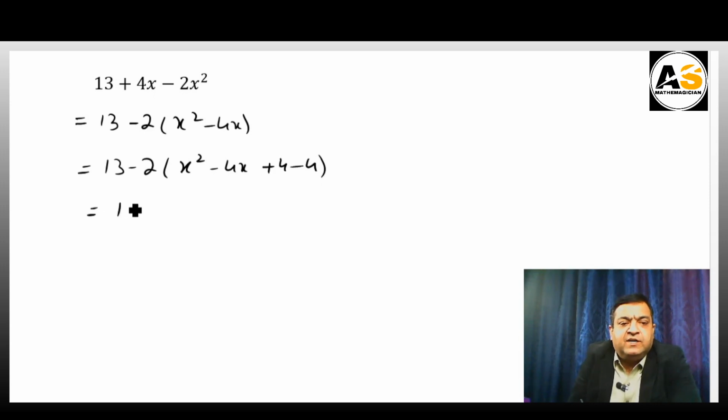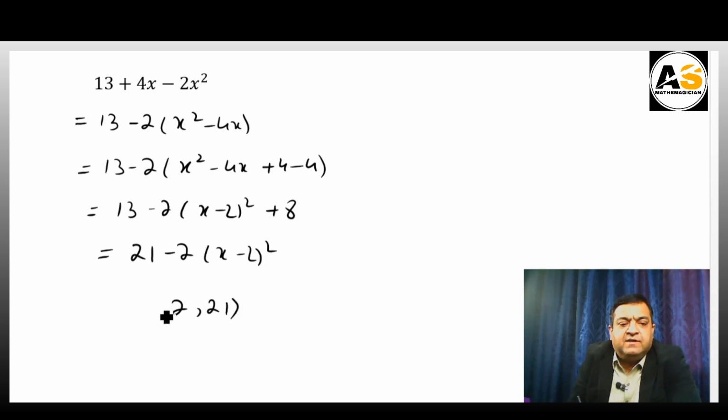First three terms will complete the square, which is x minus 2 square, and then we will get 8. This will be 21 minus 2 times x minus 2 whole square. (2, 21) is the vertex now. So its maximum value will be 21.